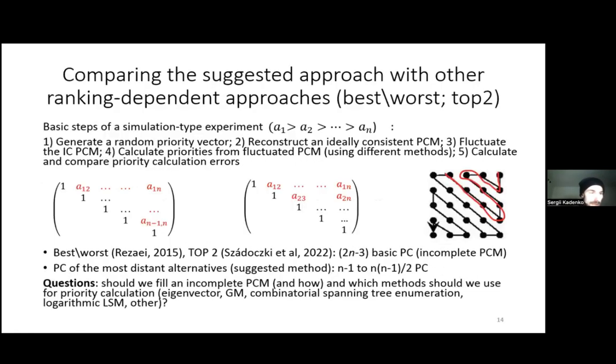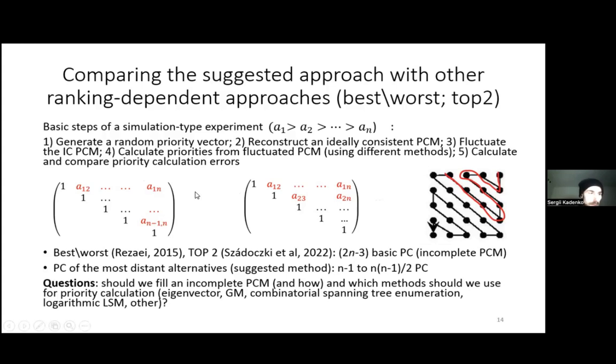Well, the next logical step of the research would be to experimentally compare the suggested approach with similar ranking-dependent approaches, such as the best-worst method and the best second best, or top two.